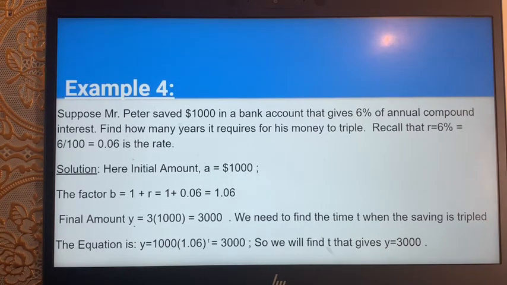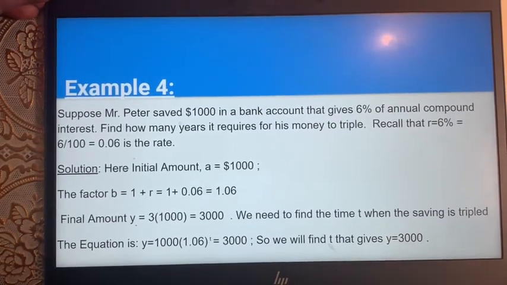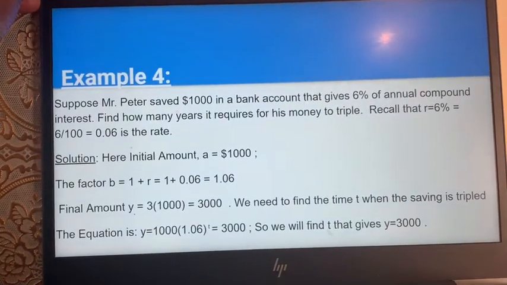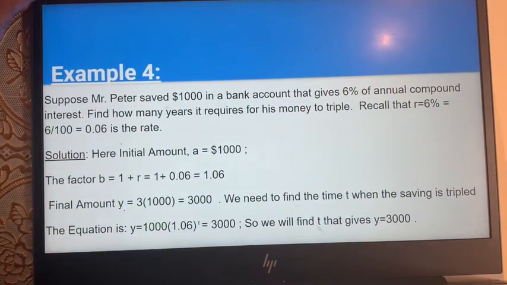Okay, here the initial amount is 1,000. The factor will be b, which is 1 plus r, 1 plus 0.06, which is 1.06. Since the final amount should triple from 1,000, that's what we want to figure out, the time it takes. His saving, which was 1,000, becomes 3,000.